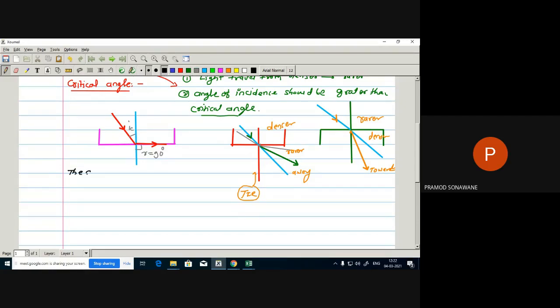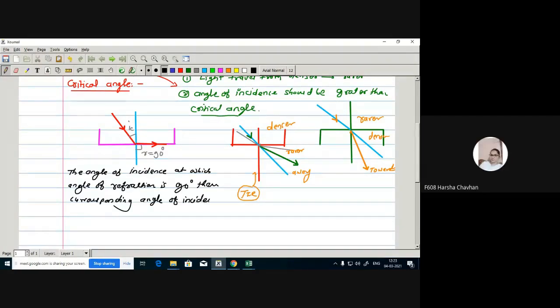The angle of incidence for which the angle of refraction is 90 degrees is called the critical angle.